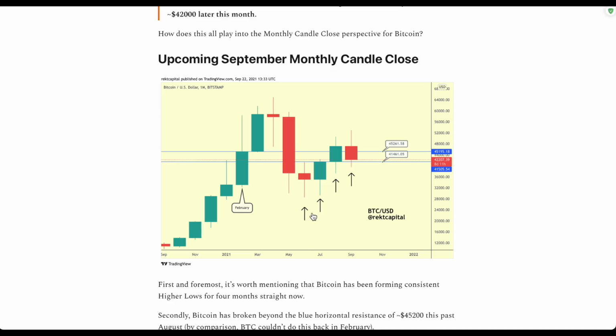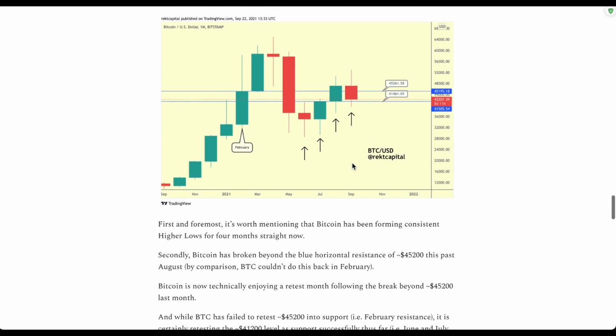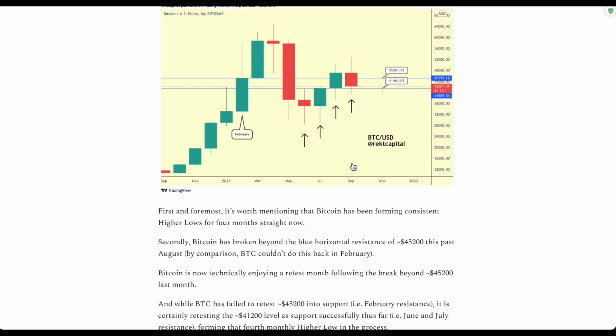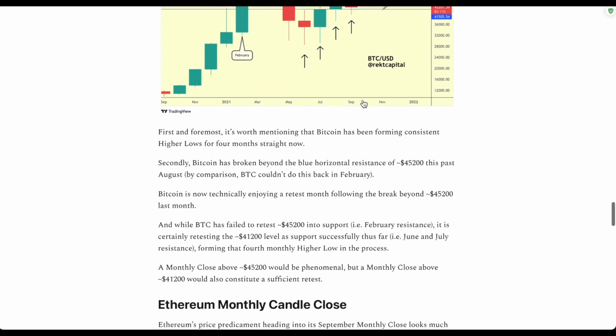So in fact, we're actually seeing consecutive higher lows here, with this recent retest of 41,400 being that fourth consecutive higher low. And that's worth mentioning because that's a bull market tendency, or at least a bullish mentality in buying the dip at higher and higher prices whenever we see an opportunity to do so with downside wicks, which get bought up quite quickly.